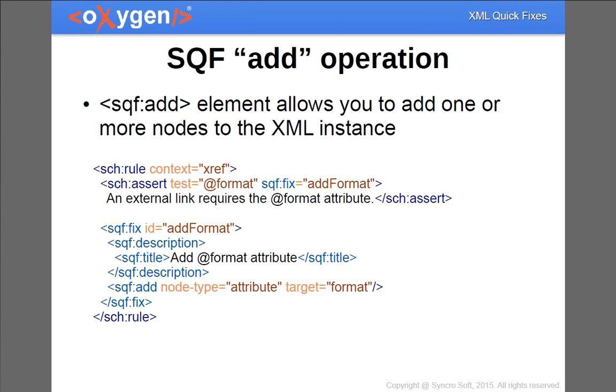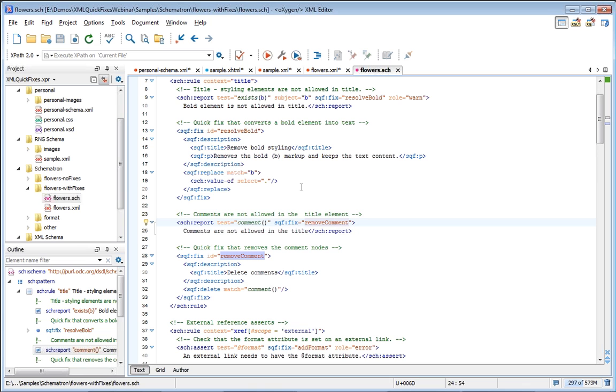We will start with the add operation. It allows you to add nodes in a document instance, and I chose a simple example that will add an attribute to our document. So let's switch to oXygen and see how we can implement this. I will close these files.